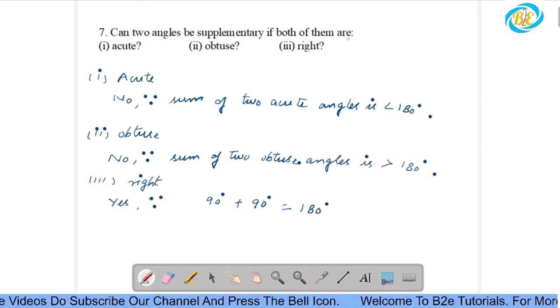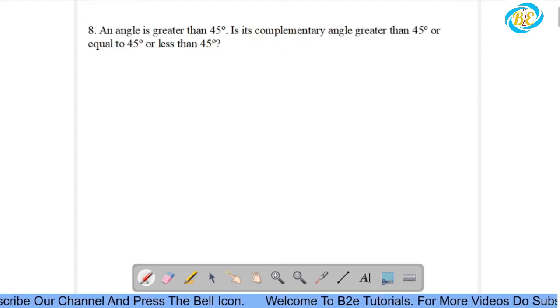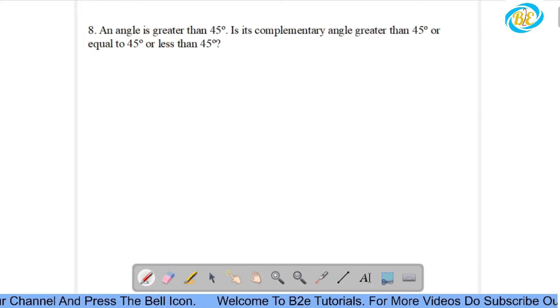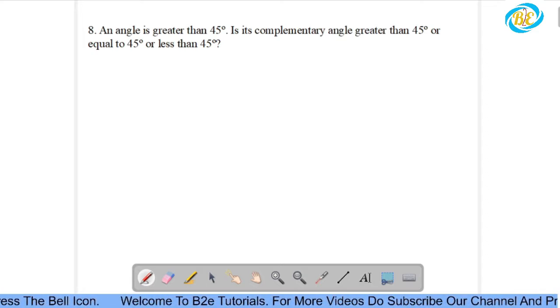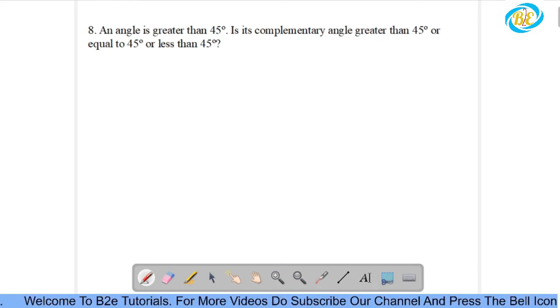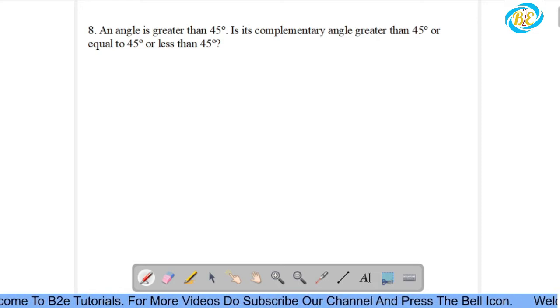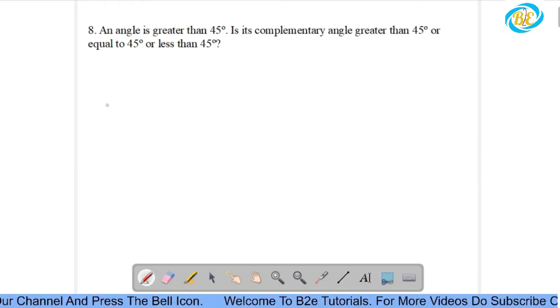Now come to next. Question number 8. An angle is greater than 45 degree. Is its complementary angle greater than 45 degree or equal to 45 degree or less than 45 degree? Your answer is here.